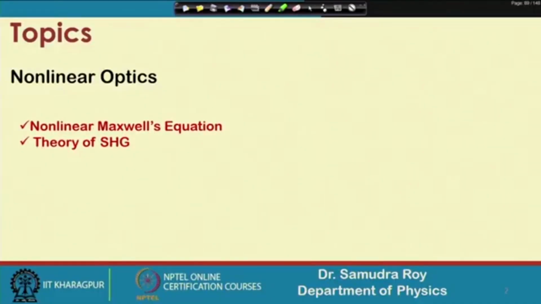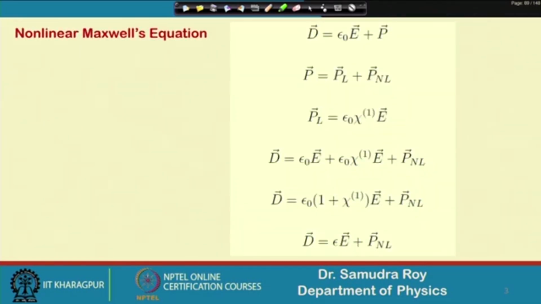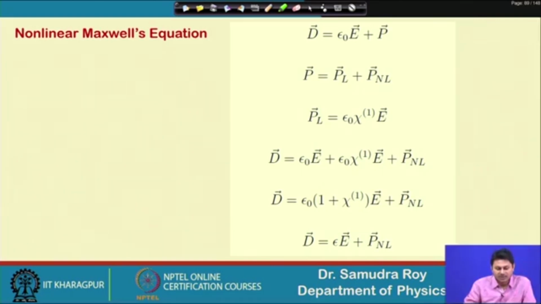So, let us find out how to derive this nonlinear Maxwell's equation. The derivation is quite straightforward, and exactly the way we generate Maxwell's wave equations, we will generate in a similar way the nonlinear Maxwell's wave equation.